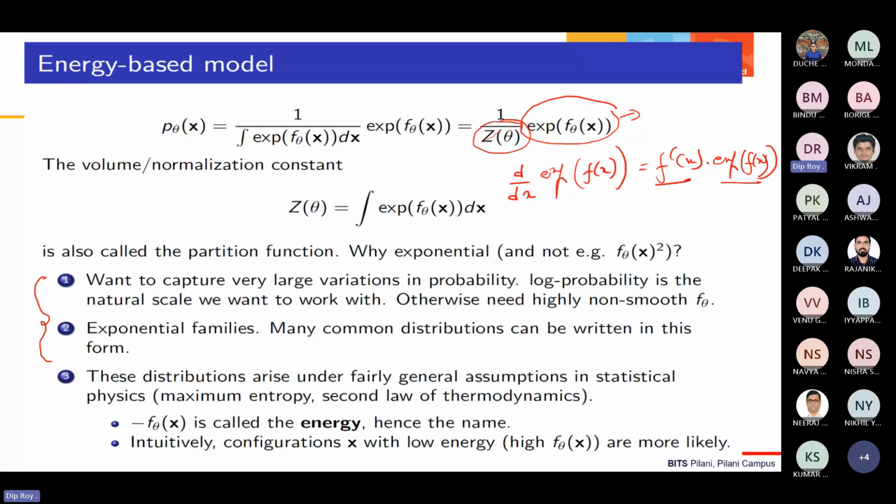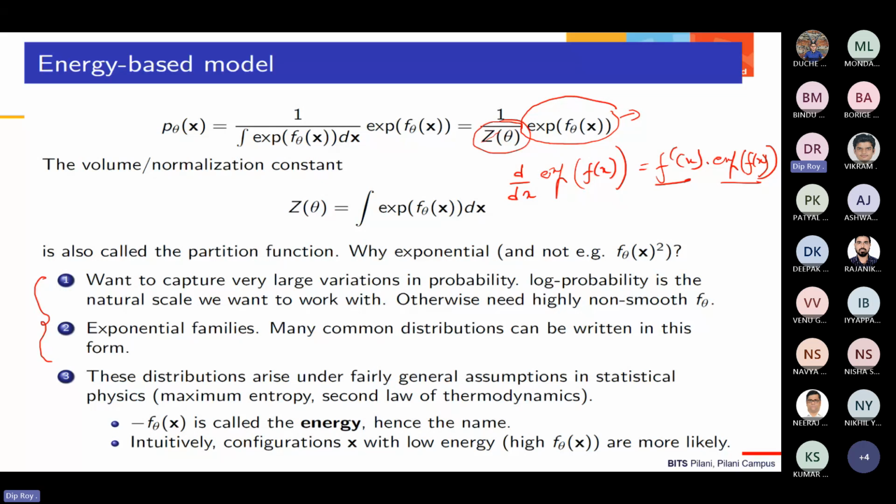In probability, what is the desired state? We want high probability. We want to sample from high probability regions. That is our desired outcome. In physics, when we are talking about energy, the ideal state is low energy. The ideal state is low energy.